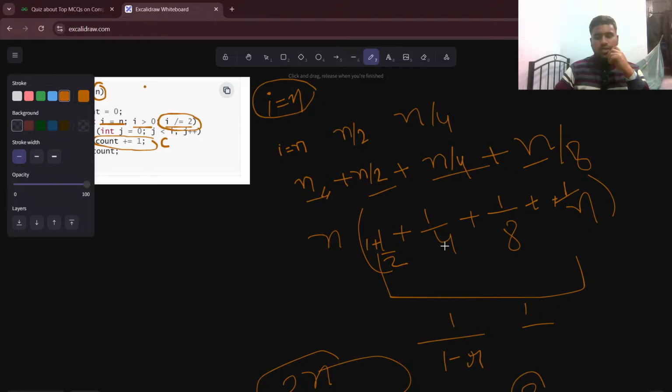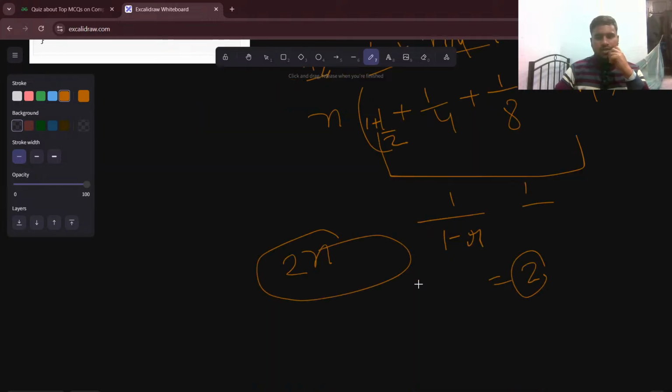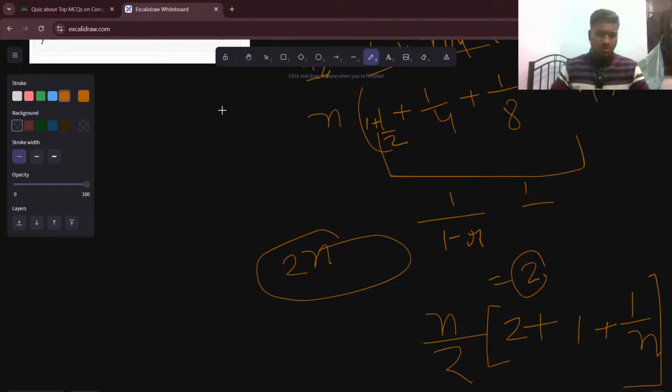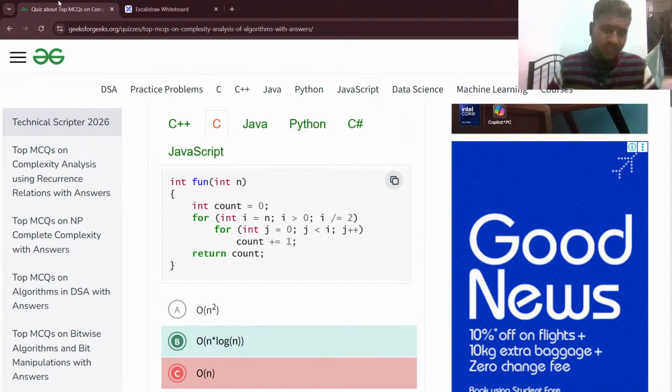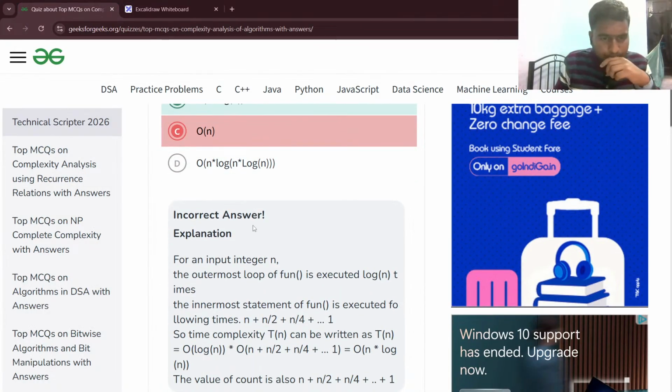So this is the GP, and what is the sum of GP? n by 2, 2a plus n minus 1 d, a plus 1 divided by n. So let me check how this is wrong and how we can solve this problem for an input integer n.